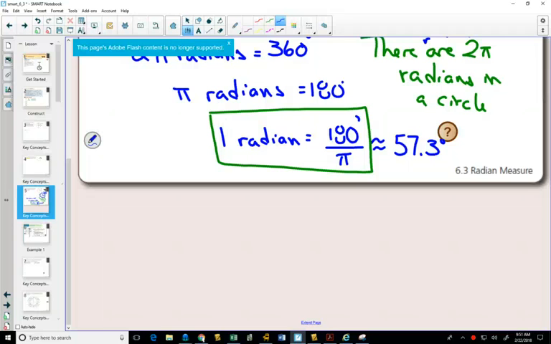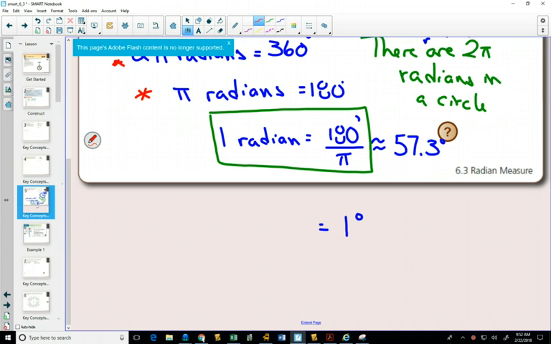If you wanted to find out what 1 degree was, again, we're going to use the same idea, starting from here every time. Because if you know 360 degrees is the whole circle and 2 pi from the circumference is how many radians are in the whole circle, then you can figure out pretty easily that pi radians is 180 degrees.